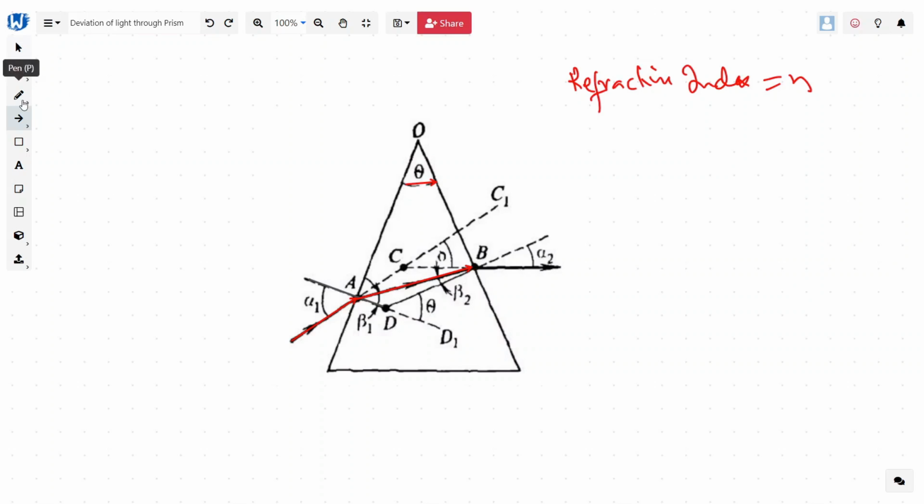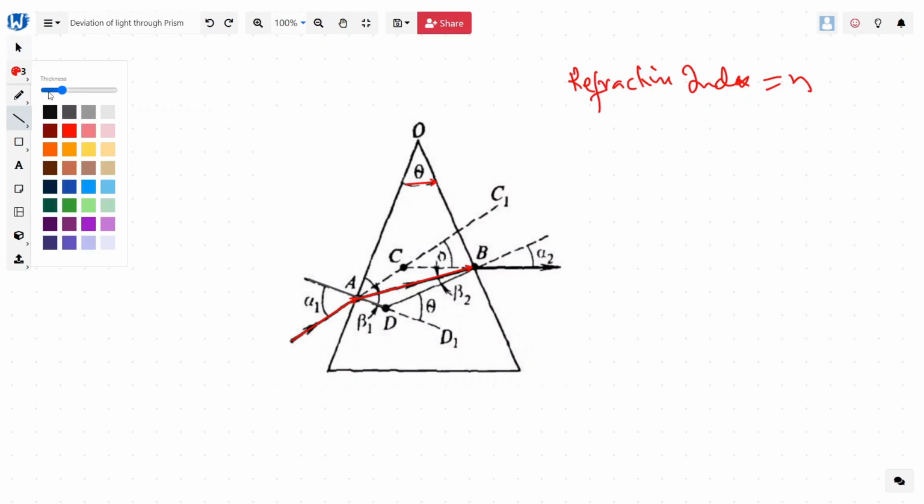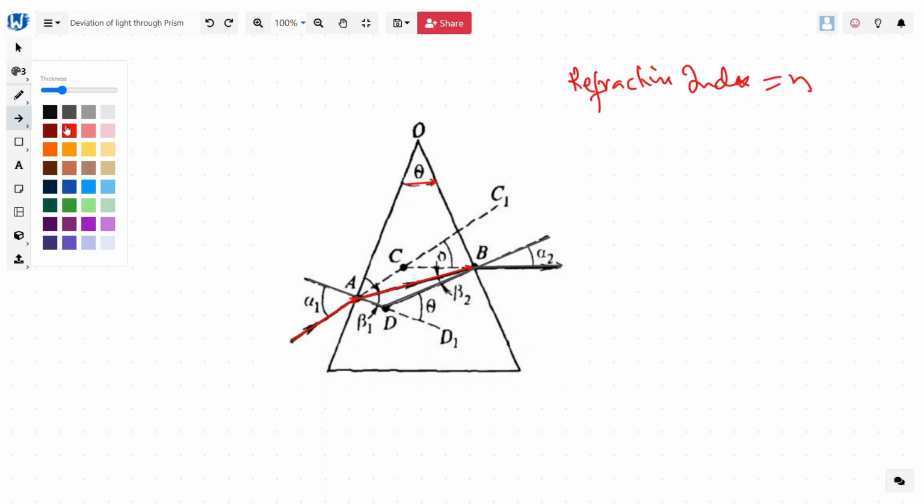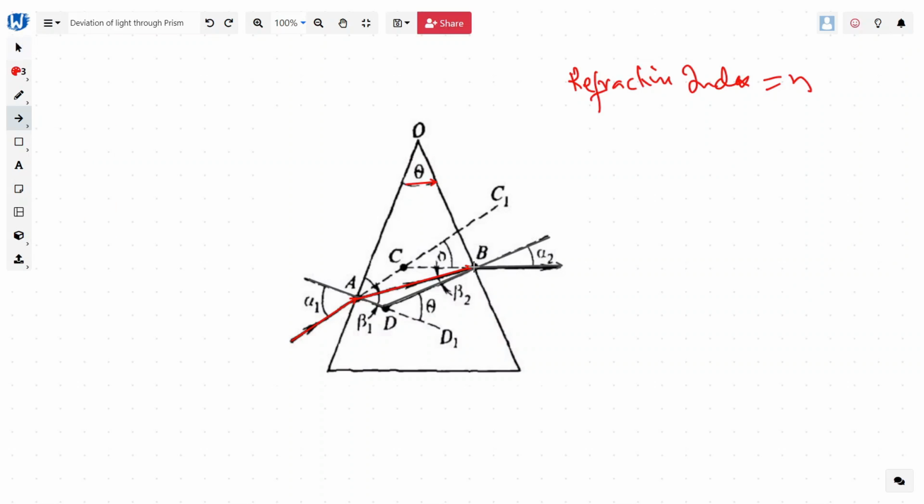So it is going to enter a lighter medium, so it is going to bend away from the normal. But first things first, we need to draw our normal. Draw a perpendicular all the way from here, and this is our normal. And now the light will travel like this, get refracted away from the normal and go like this.